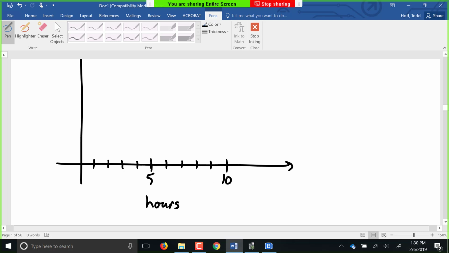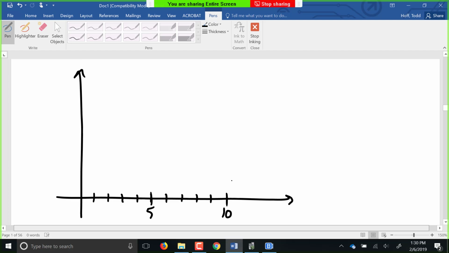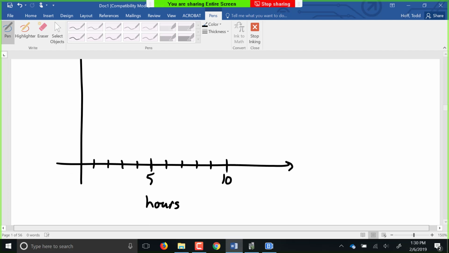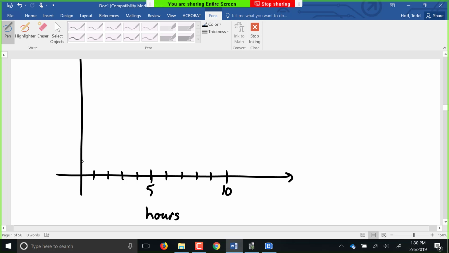So let's graph hours spent walking and distance traveled. We're going to go with blocks here.